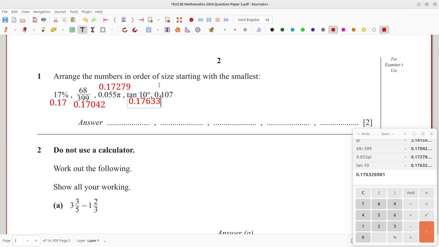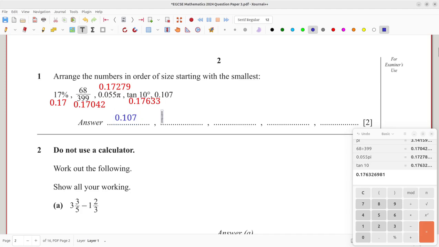And then which number is the smallest amongst them all? So the smallest number, all of them are 0.1, and then the other one, it's 0.107. So that's the smallest amongst them all, 0.107, followed by 17%, since it ends at 0.17.